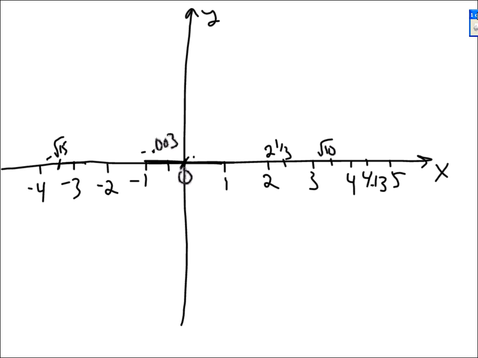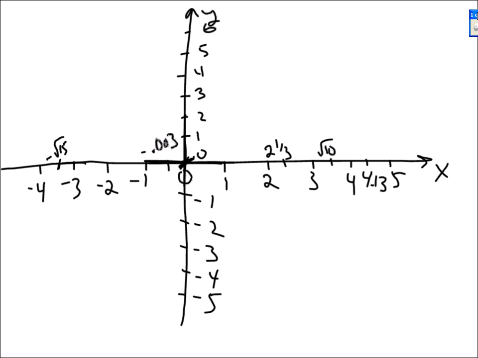And the y-axis is a number line. On the y-axis, the number right here is 0. 0 and 1 and 2. Above the x-axis are the positive y numbers. Below the x-axis are the negative y values. And again, there are numbers other than what I listed.